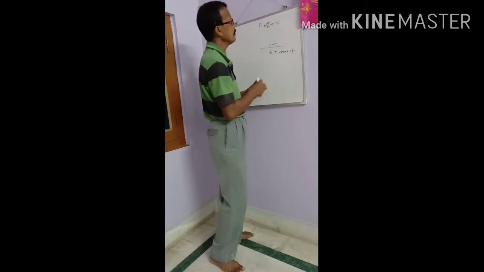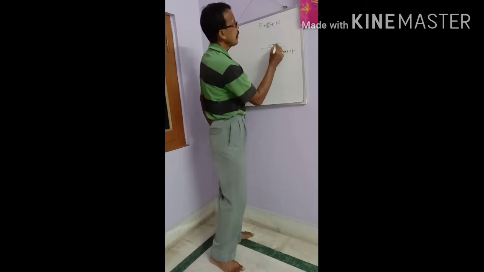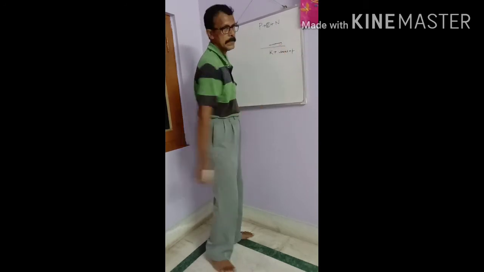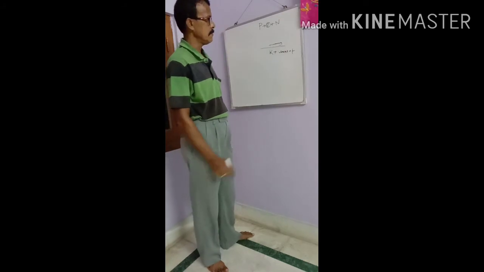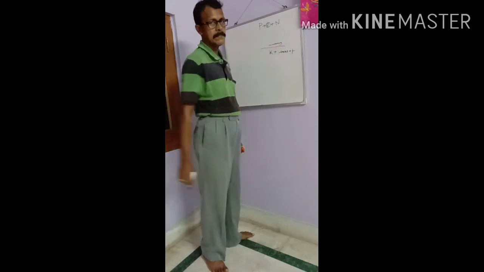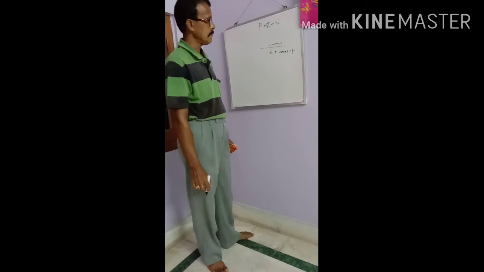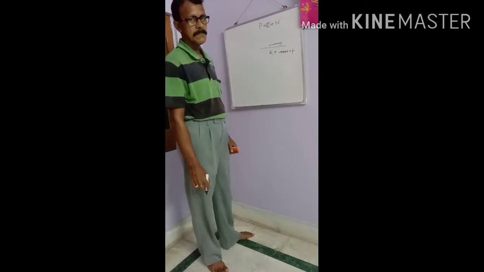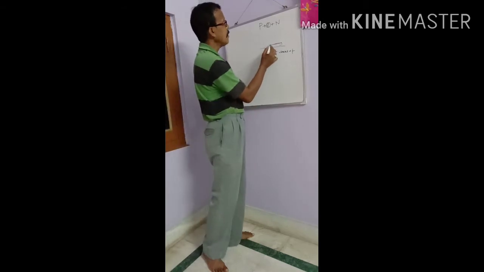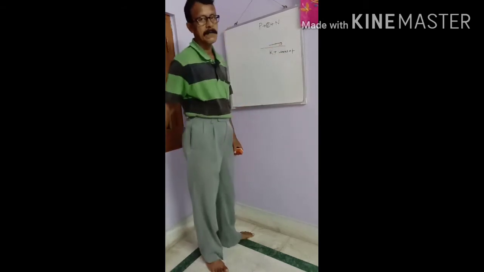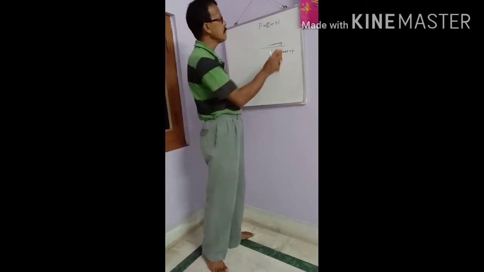If we write the hook in this direction, that is clockwise direction, then it will be read as kan. Ka, K, A and N, kan. Okay?